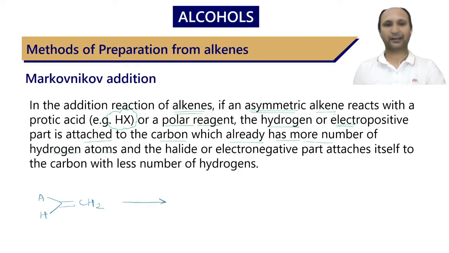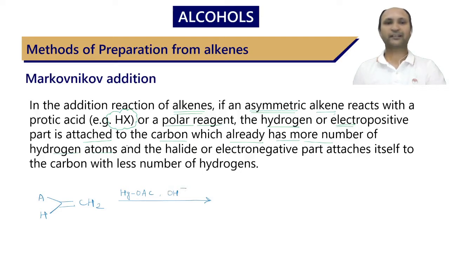Now this structure contains two carbons, that is this and this carbon, and I'll just draw this arrow somewhat bigger so that we can put the reactants on this. Okay, so this carbon is having two hydrogens and this is having one hydrogen, so definitely this has more number of hydrogens. So there were two moieties that were attacking at this alkene. So one was HgOAc and the other was OH minus.